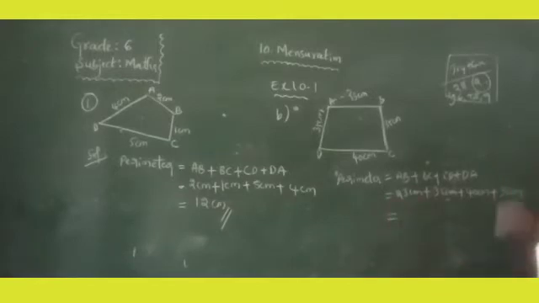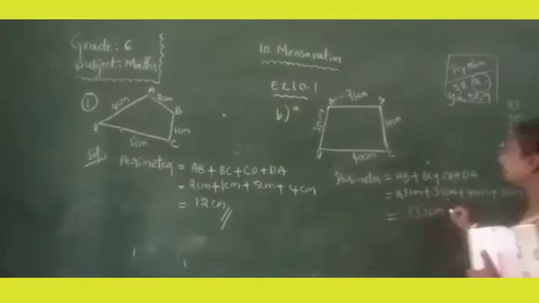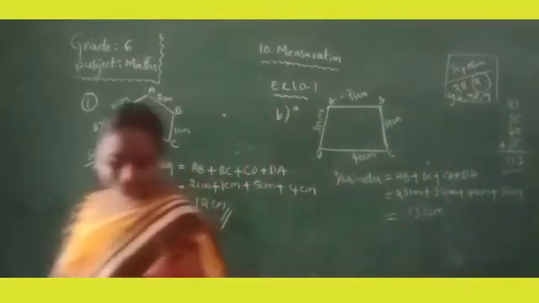Now add all these: 23, 35, 40, 35. 3 plus 5, 8; 8 plus 5, 13. Next 2 plus 3, 5; 5 plus 4, 9; 9 plus 3, 12; 12 plus 1, 13. So what is the perimeter of this? 133 centimeters.